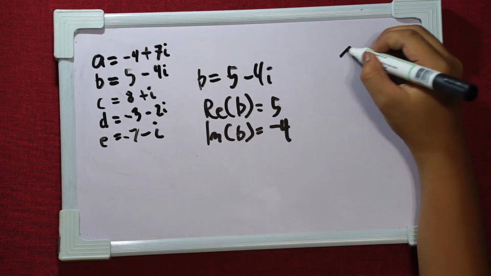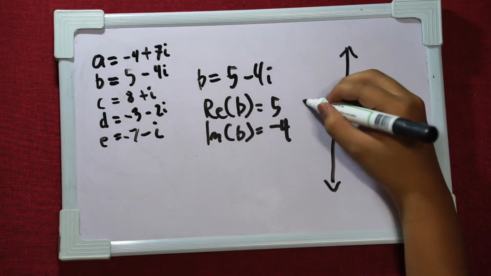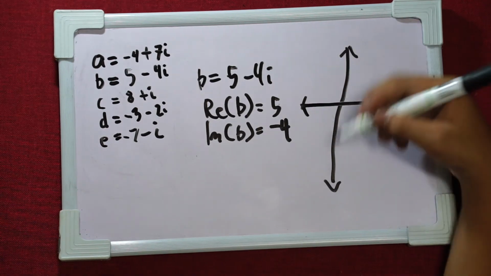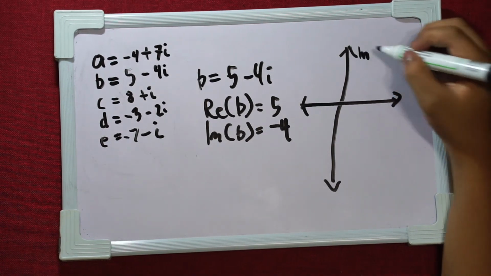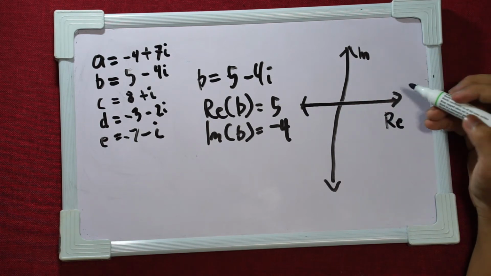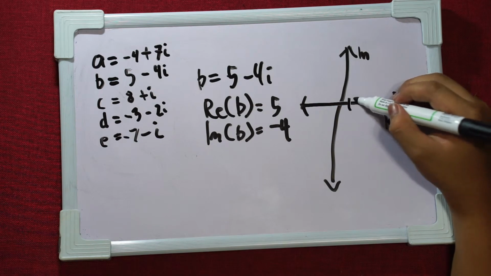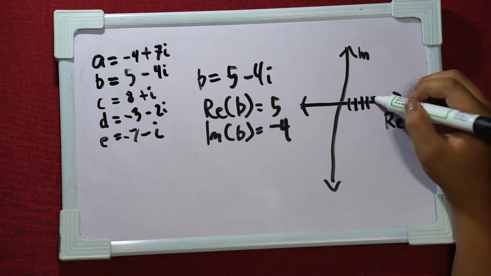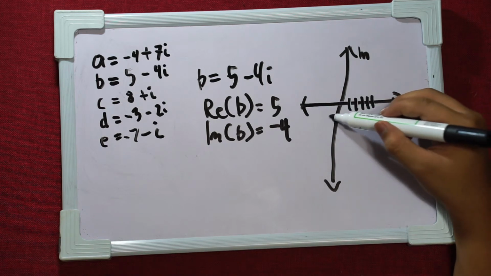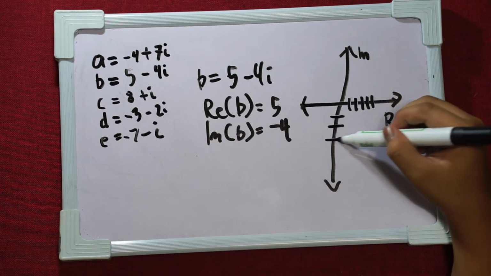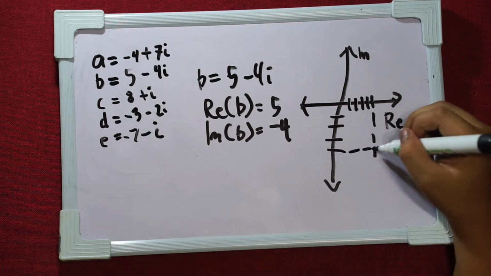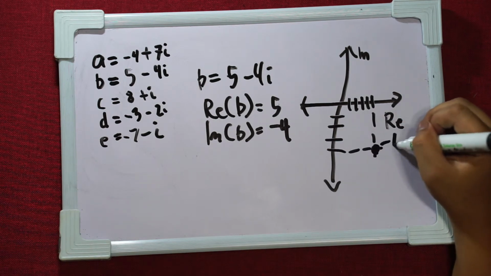When we plot b, this vertical axis would be the imaginary part, and the horizontal axis would be the real part. The real part of b is 5. So 1, 2, 3, 4, 5. And the imaginary part of b is -4. So 1, 2, 3, 4. It would be exactly here. This is b.